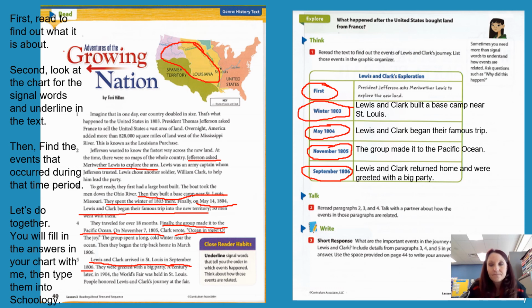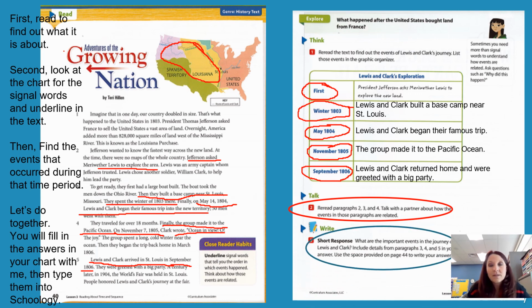The next part of your assignment that you're going to be doing in Schoology is you're going to reread paragraphs 2, 3, and 4 and just talk to yourself about how the things that happen in those paragraphs, how are those events related? Think about the order of events, since that's what we're practicing. And then your last part is going to be a short response.